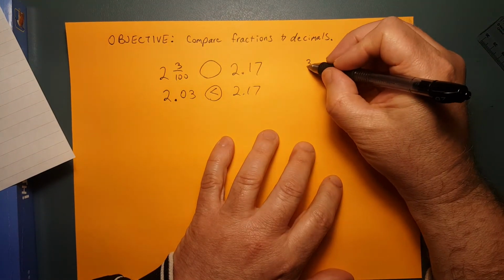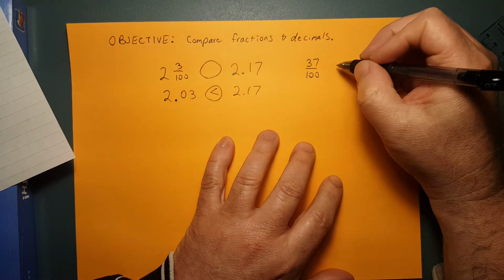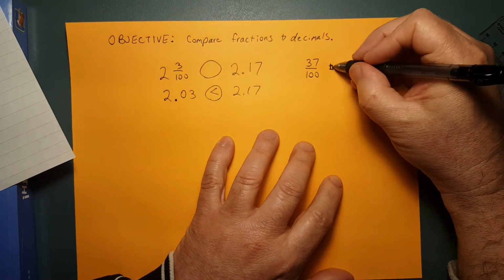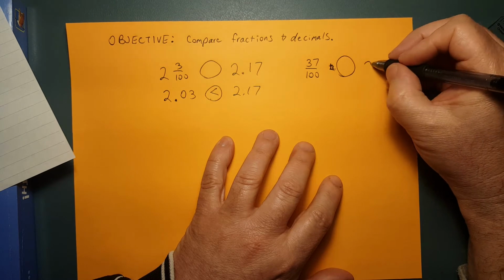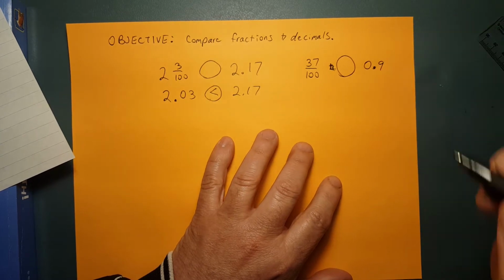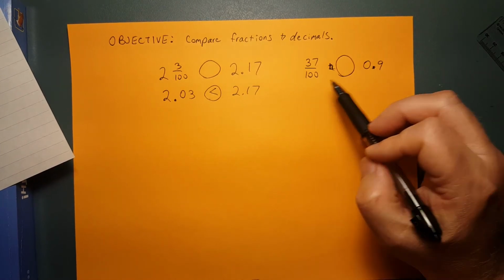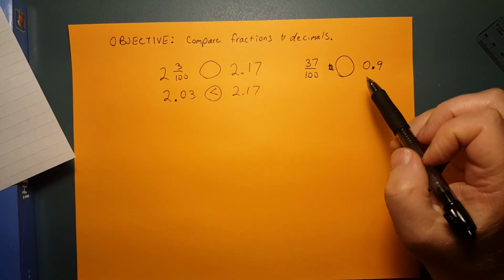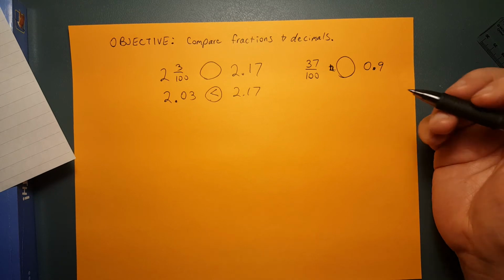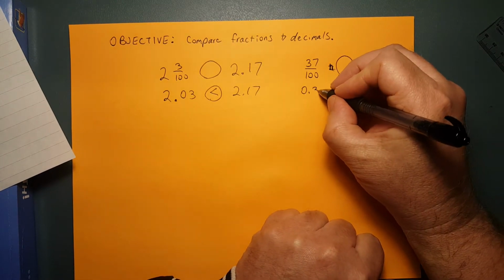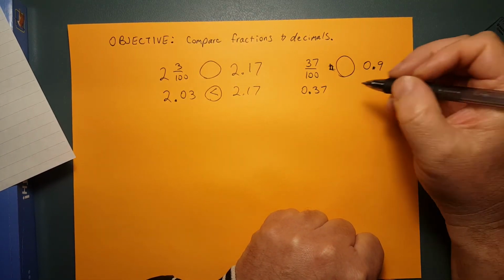Now they'll give you some tricky ones. What if you had 3700ths? And, oops, sorry, you're comparing it to something like that. Okay? So again, it's easier if you have them both as fractions or both as decimals. 3700ths, of course, can be written like this, 37 in the hundredths place.